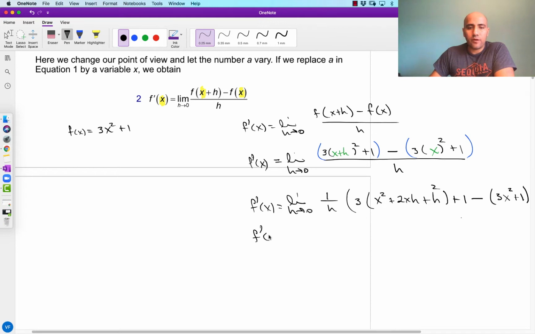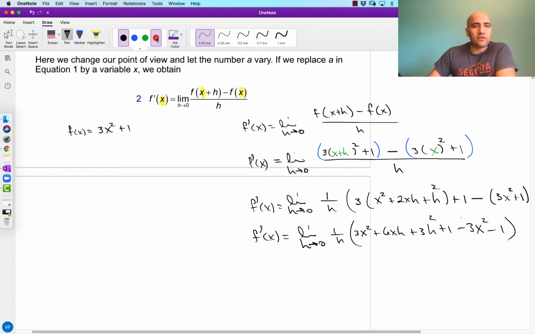So f prime of x is equal to the limit as h goes to 0 of 1 over h, and then distributing that 3, we get 3x squared plus 6xh plus 3h squared plus 1 minus 3x squared minus 1.